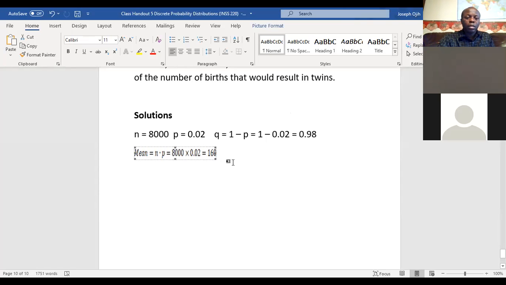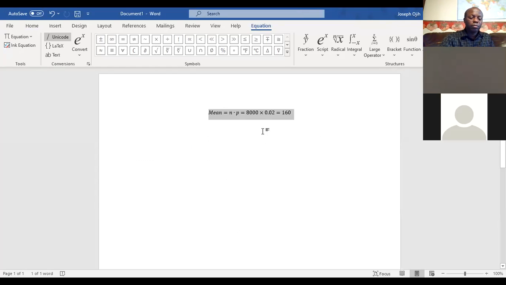Now, let's get the variance. The variance equals n times p times q, which means 8,000 times 0.02 times 0.98.